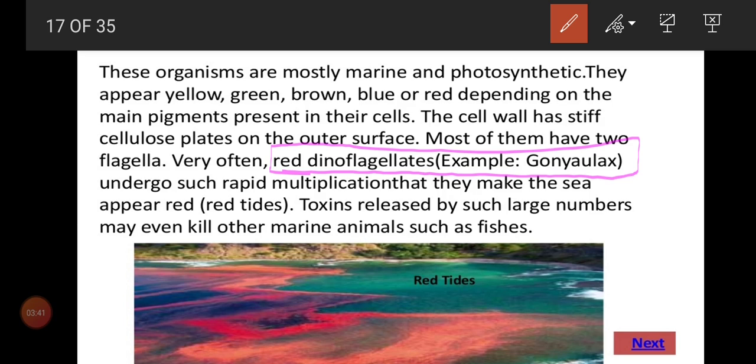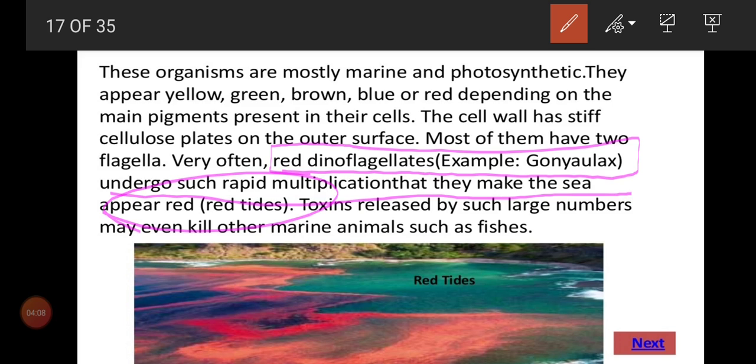How we learned in grade 10 regarding eutrophication and algal bloom: if sunlight is available and there is a large amount of nutrients in the water bodies, it will continuously divide and start to occupy the whole water. Similarly, red dinoflagellates like Gonyaulax undergo such rapid multiplication that it makes the sea appear red.